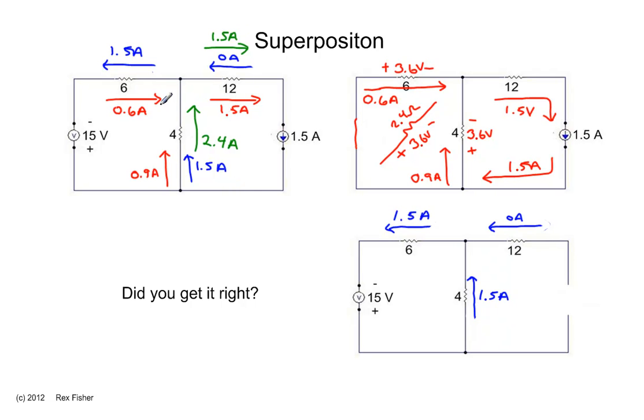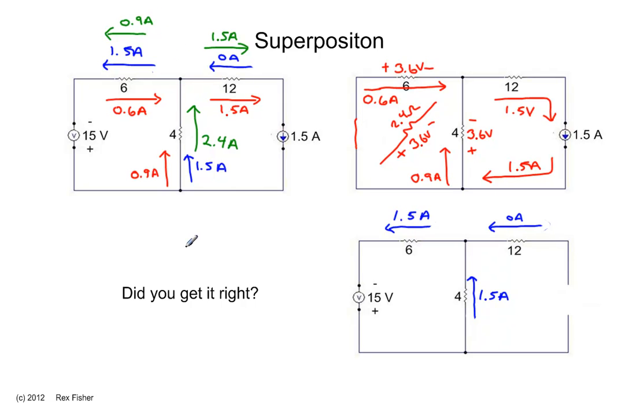If 0.6 amps flows this way and 1.5 amps flows this way, the real current is going to flow in the direction of the larger current, but it will be the difference between these two. So this is going to be 1.5 minus 0.6, or 0.9 amps.